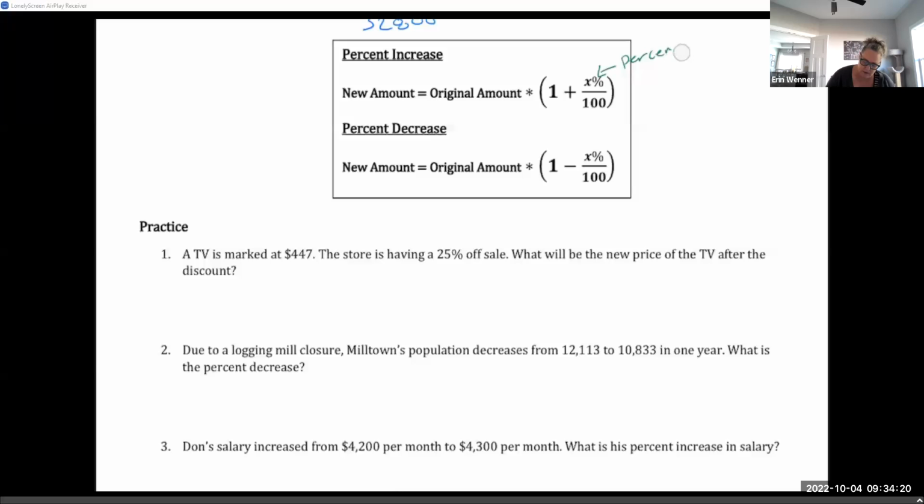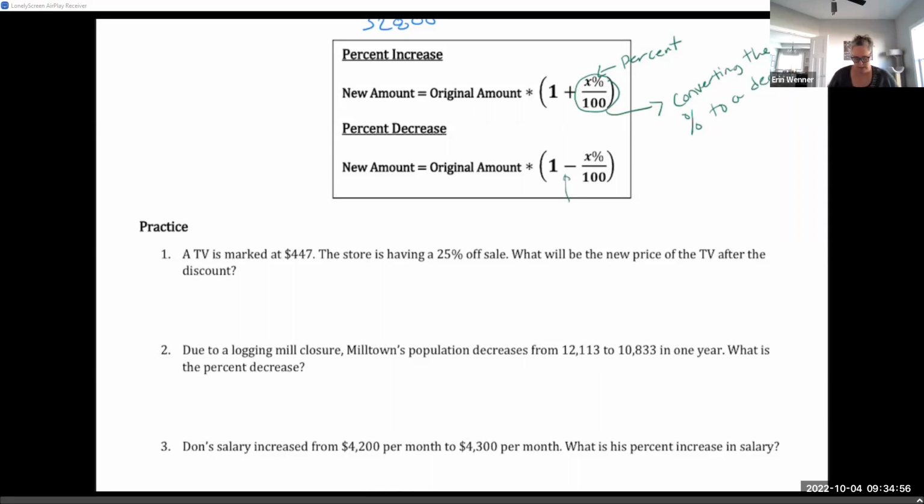It doesn't necessarily mean that the percent amount is going to be the variable every time. Sometimes we'll be given the percent and we'll be solving for a different amount. The reason why we write it over 100 is that this is converting the percent to a decimal. And then percent decrease is the exact same formula, except instead of addition, we have subtraction.